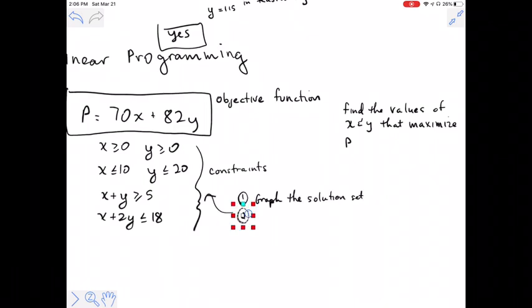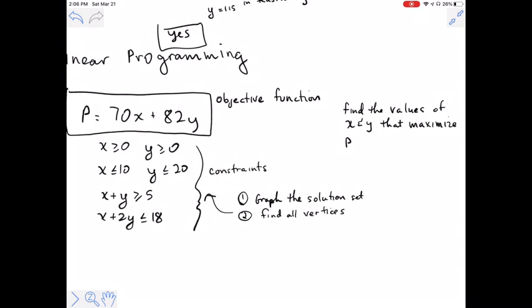Second thing we're going to do is find all the vertices of the solution set. Remember, vertices were the corner points of a bounded, in this case it's going to be a bounded solution set. Vertices would be the corners of that.